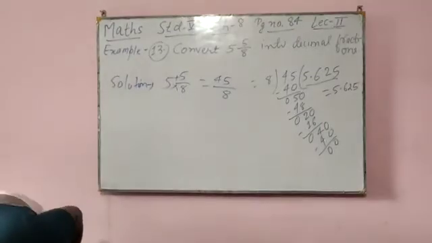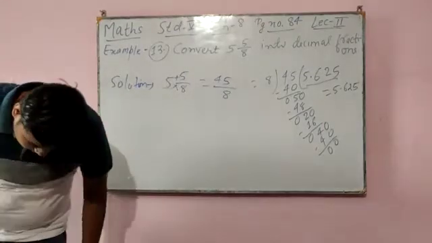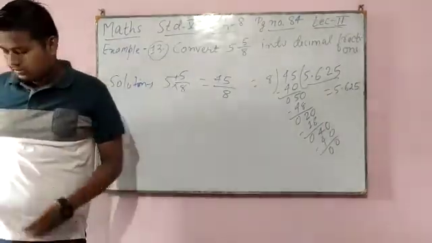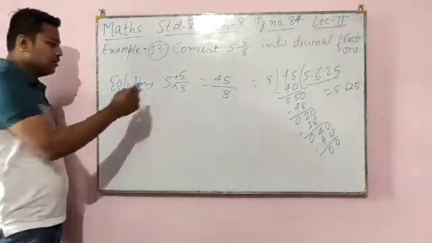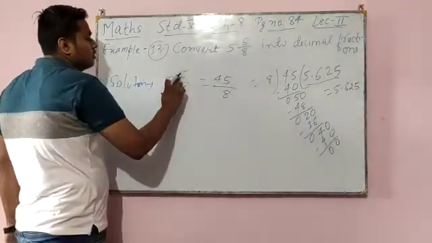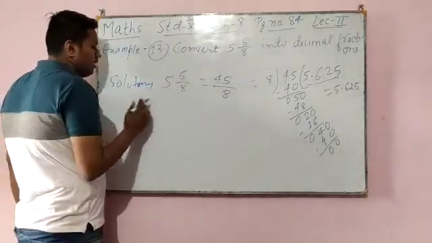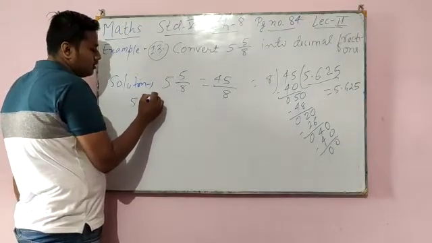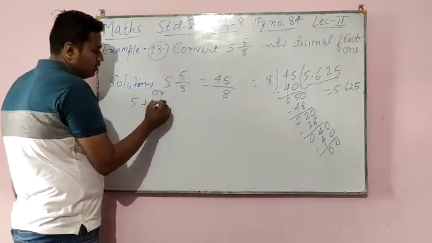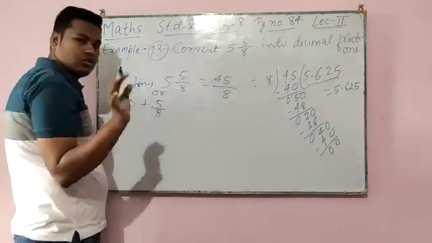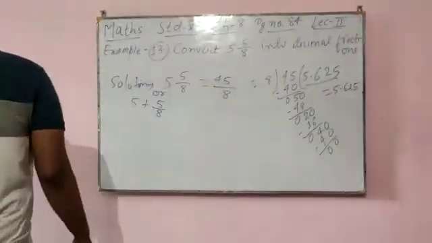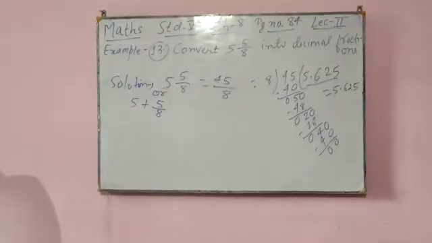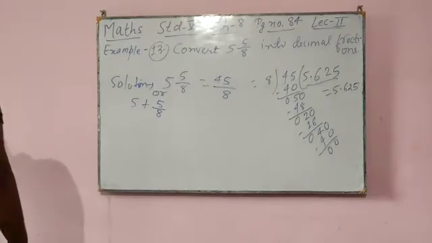Now one more way is there that I will explain. See, these 5 5 by 8, I can write like this. This is the other type. 5 plus 5 by 8 I can write.